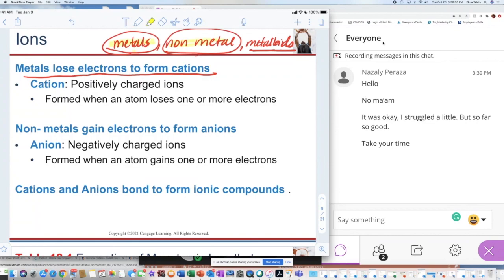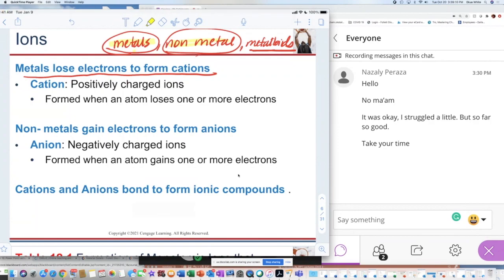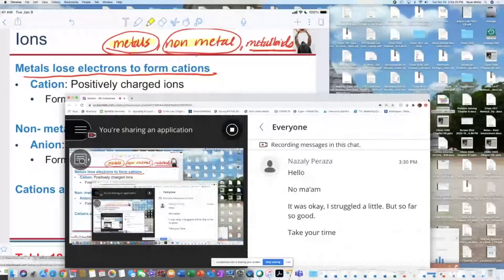Okay. And the metalloids tend to be in that zigzag region between the metals and the nonmetals. So let me see. Somewhere here I do have the periodic table. I think I'll show you when we get to the periodic table. Let me scroll down here because I think I put it up earlier.